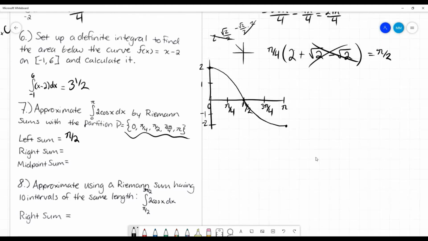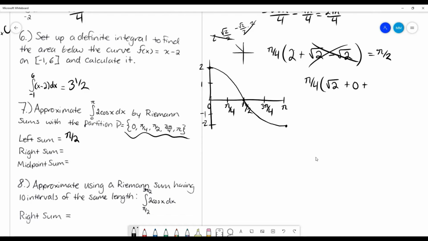Let's try our right sum now. So our right sum is going to start with this rectangle here. Still have those subintervals of length pi over 4, so I'm going to factor that out. This height here we just determined was square root of 2. Using that right sum, so then this height is 0.